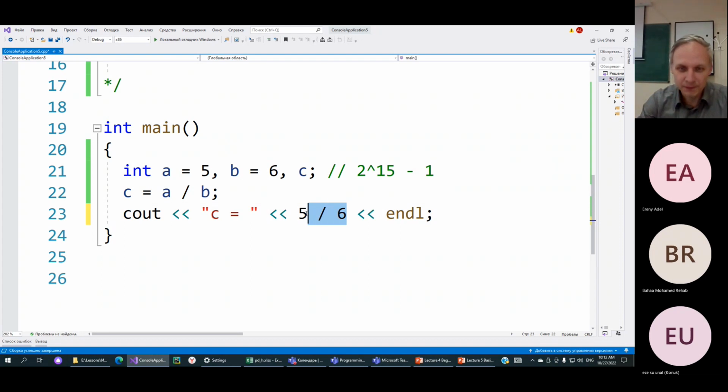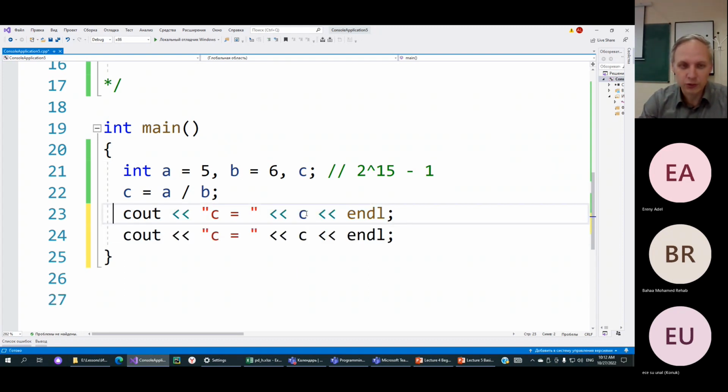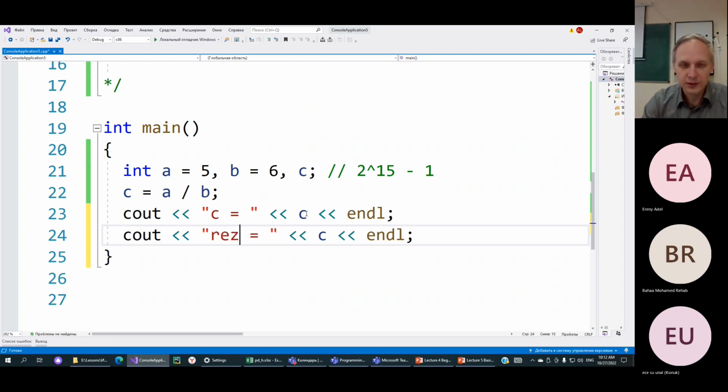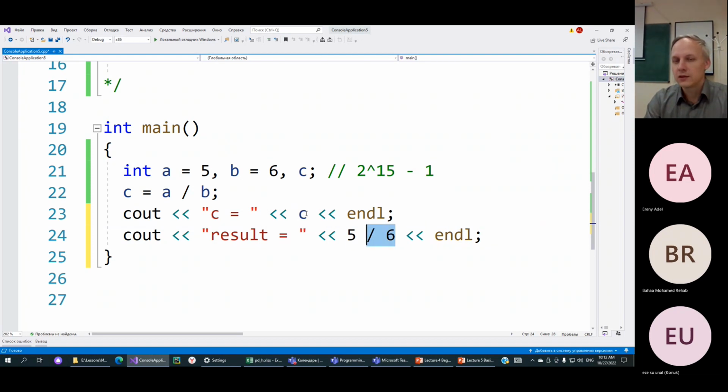Let me write here C and cout just some result, and here just an expression, 5 over 6. 5 over 6 will be 0.